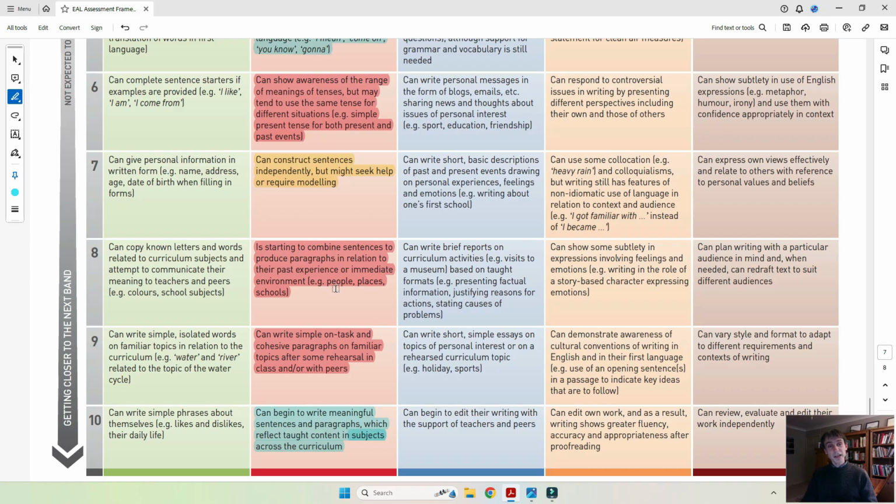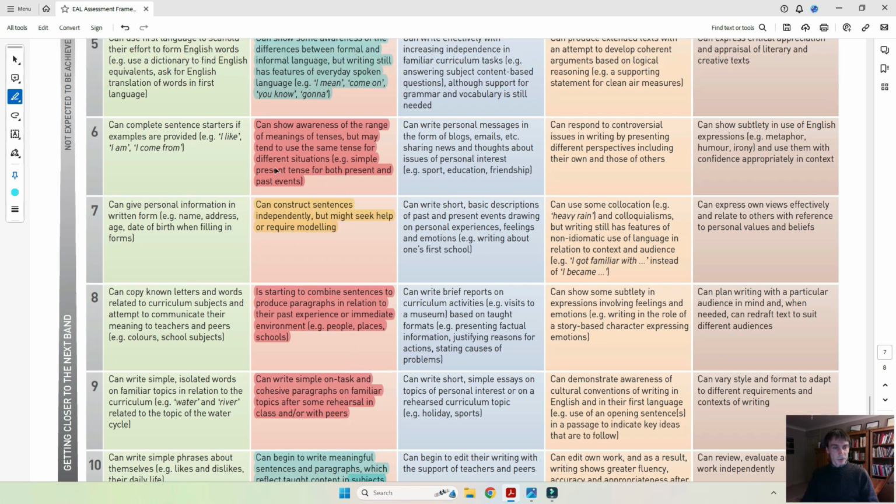So what we might do is to pick 2 rather than 3. 2 is more achievable than 3, and work on those. So, can show awareness of the range of meanings of tenses, but may use the same tense for different situations. So we could work on this, and then secondly, produce paragraphs in relation to their past experience.